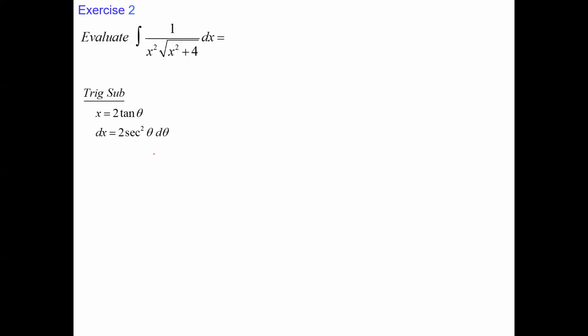Let's substitute everything. That's dx, 1 over x squared, which is 2 tangent theta squared, 4 tangent squared, and the square root of 2 tangent theta squared, 4 tangent squared theta plus 4, and dx is 2 secant squared theta d theta.